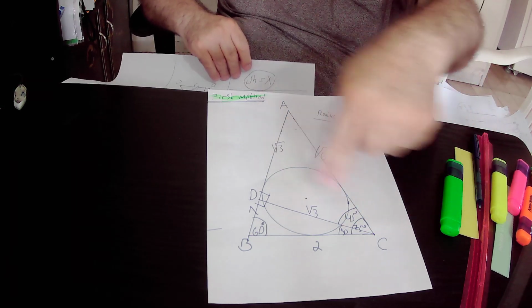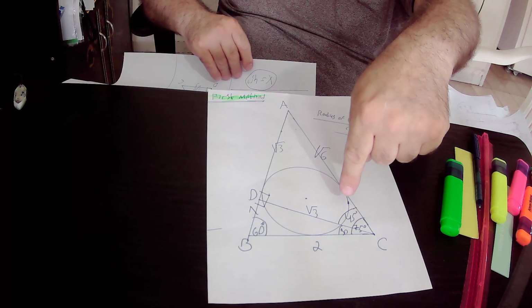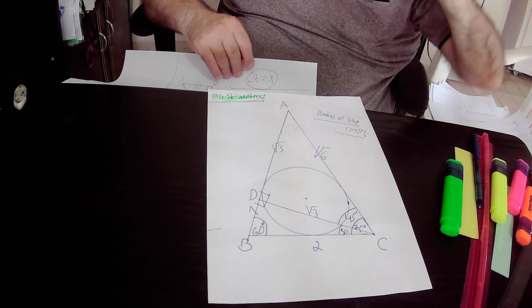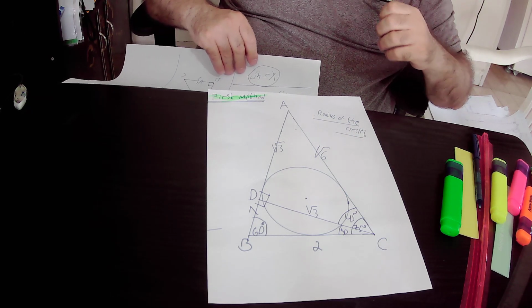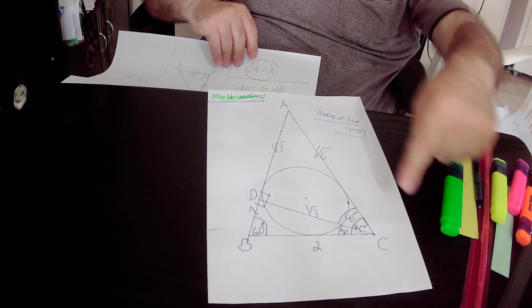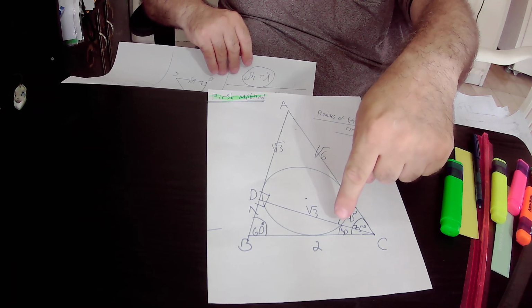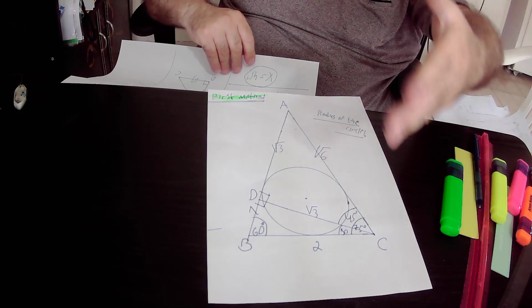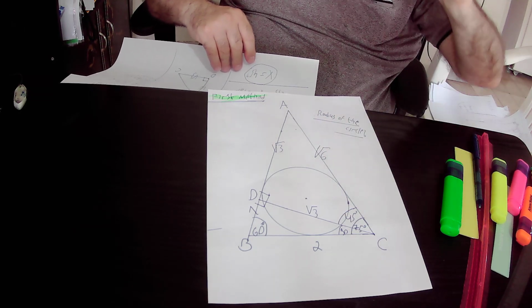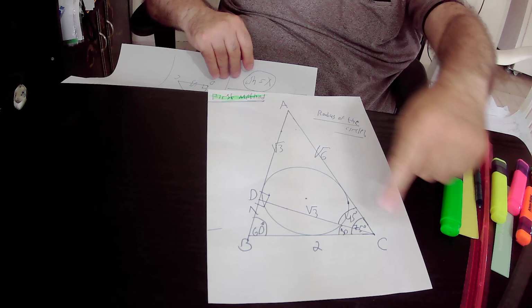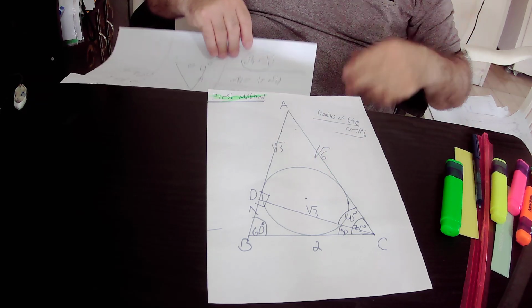Angle ACB equals 75 degrees. Angle DCB equals 30 degrees. Therefore, 75 degrees minus 30 degrees equals 45 degrees. So we found that angle ACD equals 45 degrees.